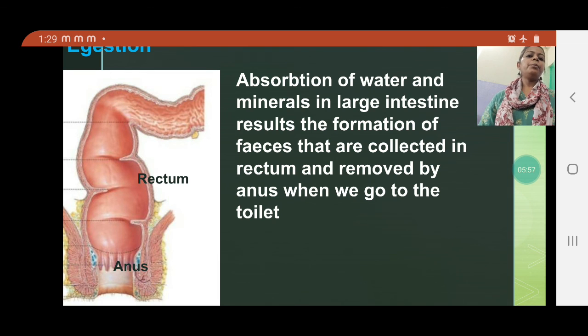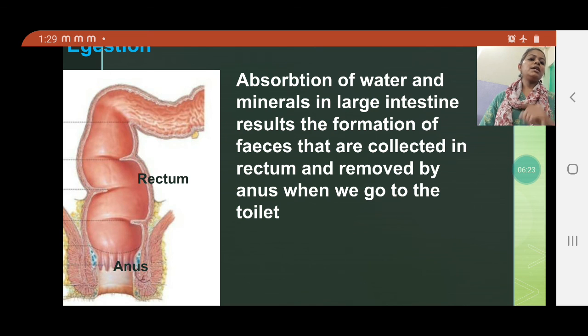So here the process of digestion is completed. We can say that the complete digestion process takes 24 to 30 hours. Why? Because we eat different types of food throughout the whole day, and at last, early in the morning after 24 hours, we remove that food.